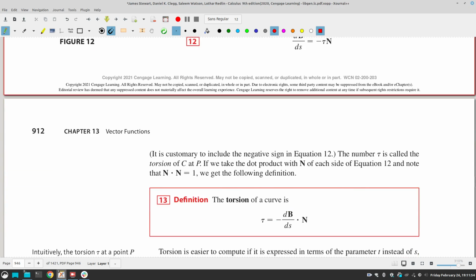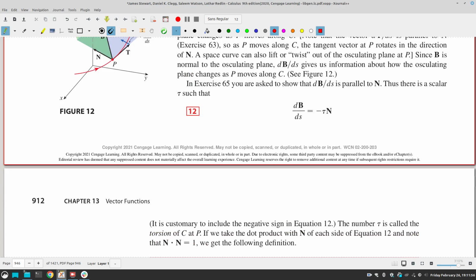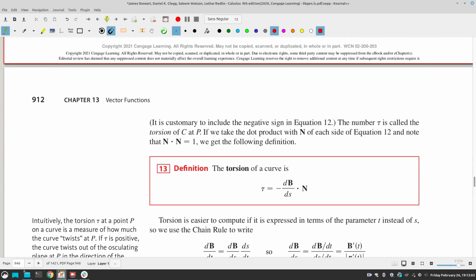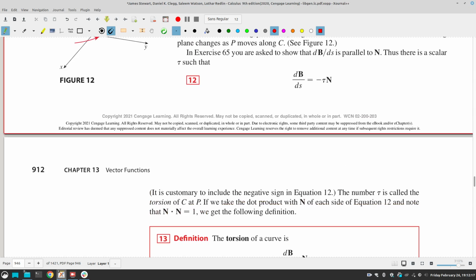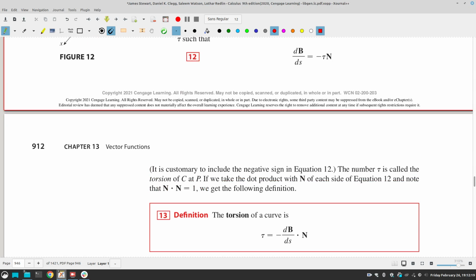So dB over ds, you're going to show, is equal to negative tau N, where tau is a number called the torsion, and tau equals negative dB over ds dot N. What happens if you take the dot product with N?